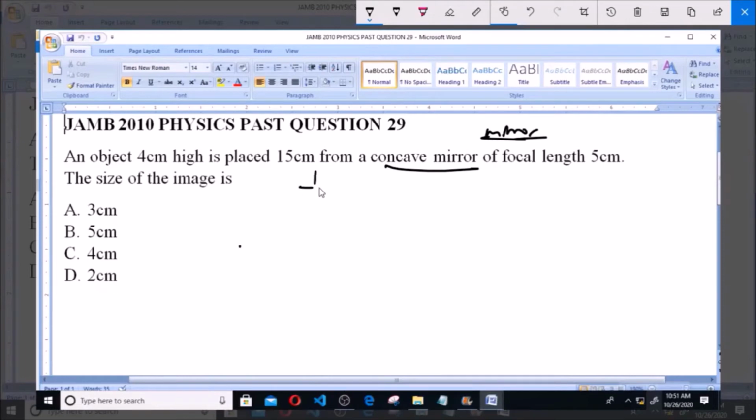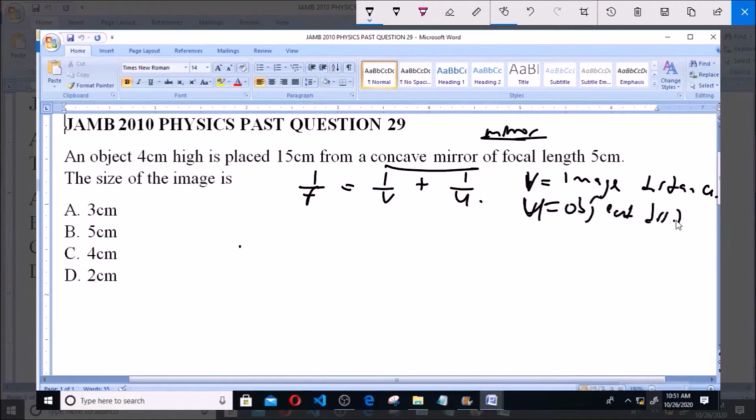which is given as 1 over f is equal to 1 over v plus 1 over u. Now v is equal to the image distance, u is equal to the object distance, and f is the focal length.